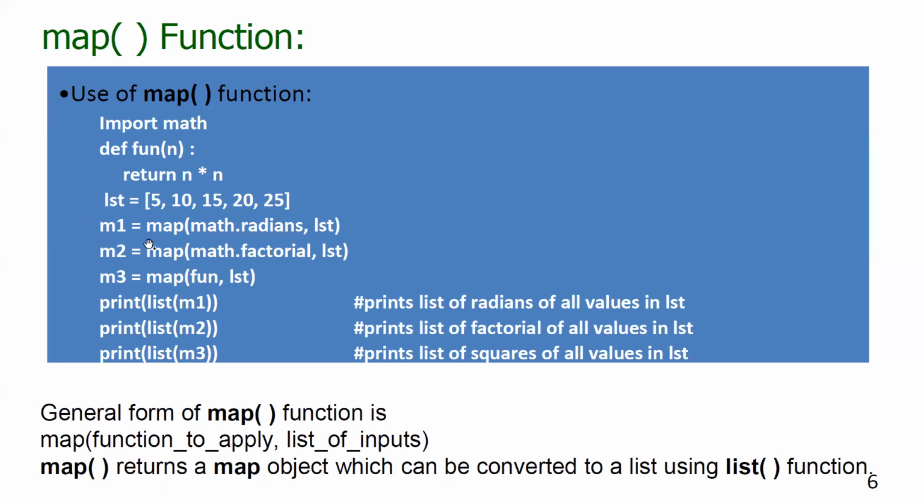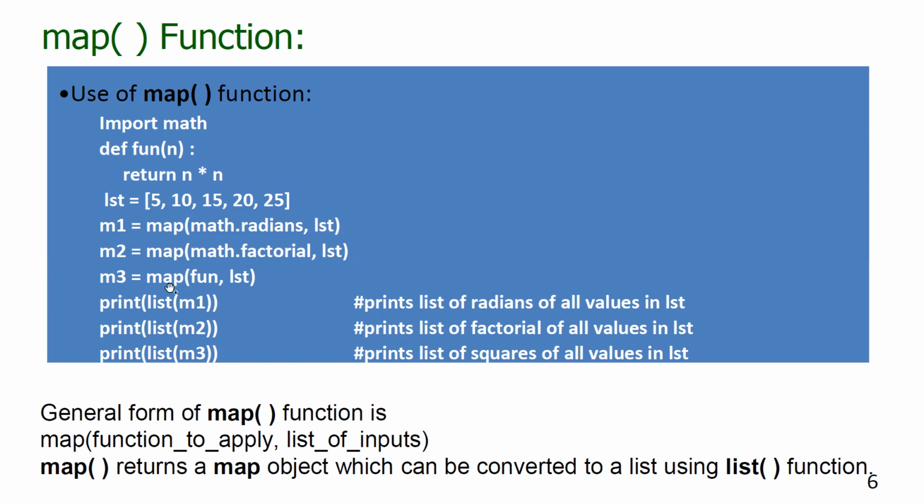And m1 equal to map math.radians, lst. This is the input for the map function, and this method is applied to every element in the list. And m2 equal to map math.factorial, lst. For every value in the list it will calculate the factorial value.